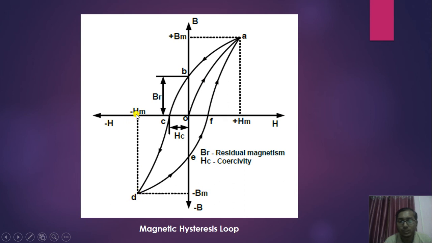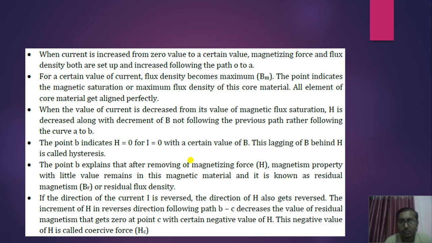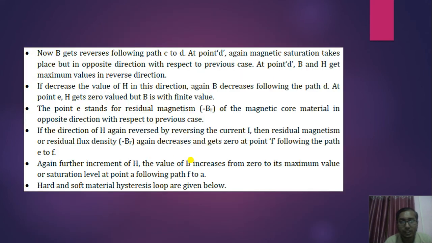Now when we decrease this H, again it will follow another path from D to E, and when the magnetizing force becomes 0, you can see here that residual magnetism has been stored in this material. So in this way this loop is formed, which we call a hysteresis loop.